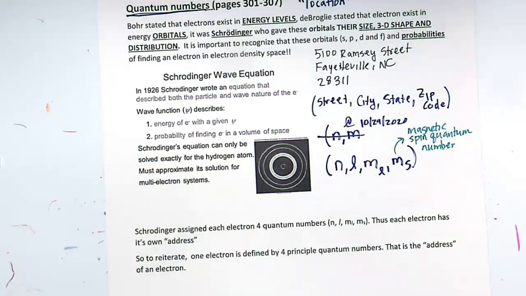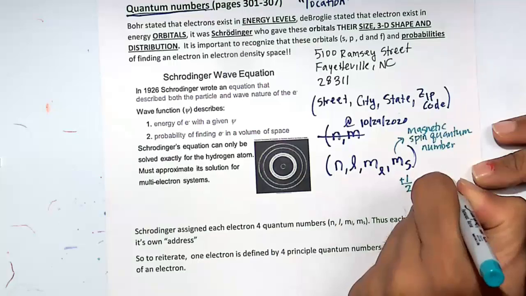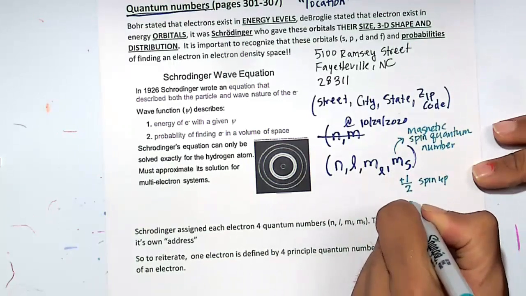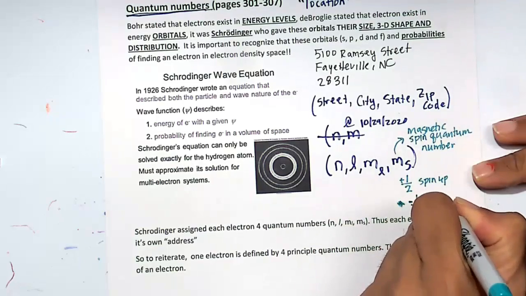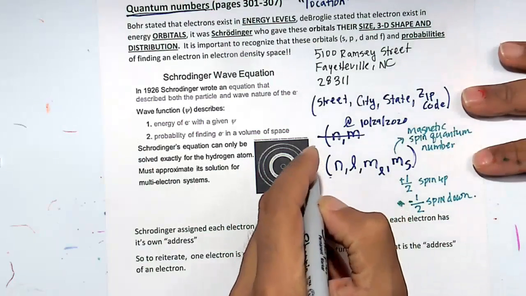If it orients with the magnetic field, we call that spin up. So that's plus 1/2. If it orients against the magnetic field, it's spin down.